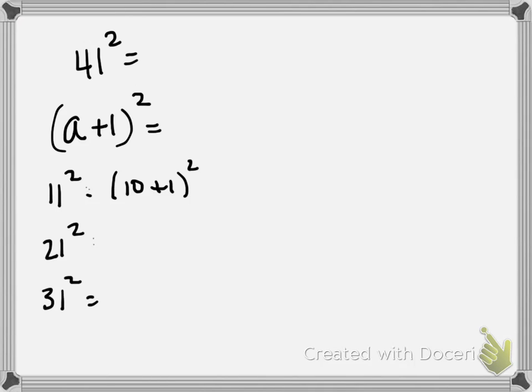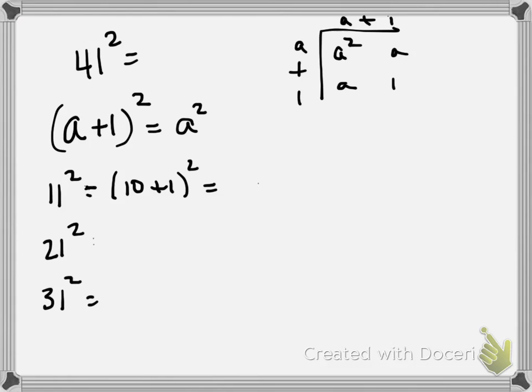Well, I also know when I square this binomial a plus 1, ideally we've done several of those, and you could do a box to figure it out if that helps you. You can use FOIL, you can use distributive property, and you'll get a squared, plus 2a plus 1.